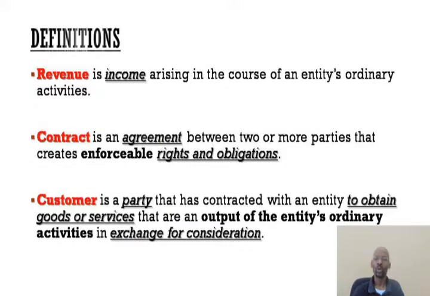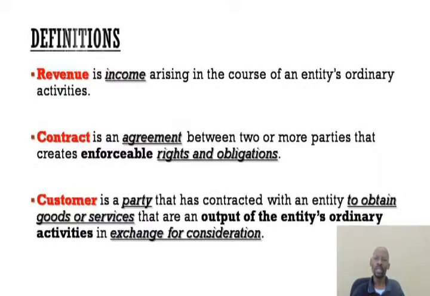Income also is from the conceptual framework, which means that there's an increase of economic benefits during the financial period, which will lead to the increase in assets or decrease in liabilities, other than the contribution by the equity holders.